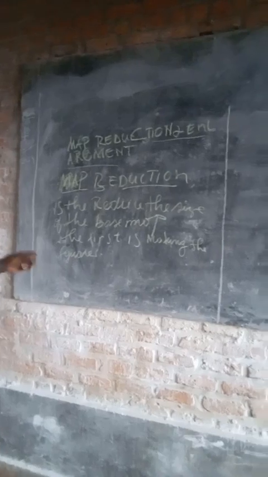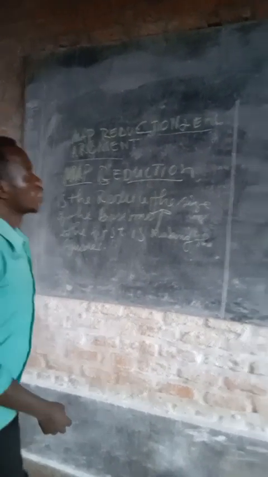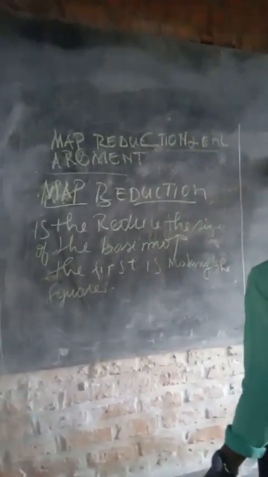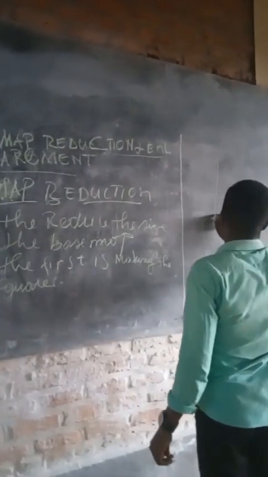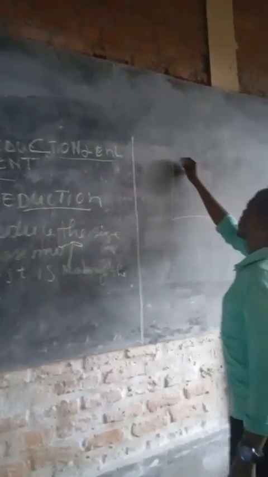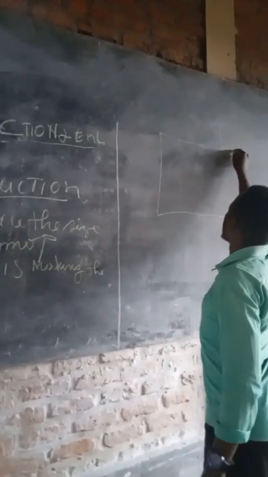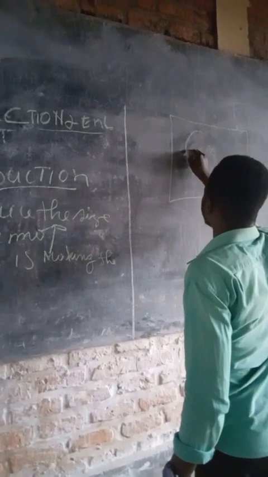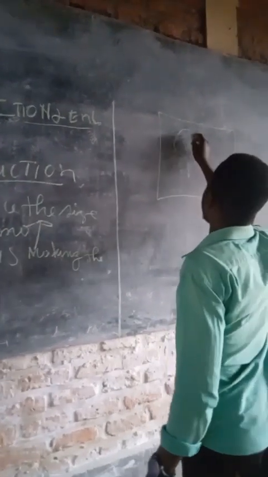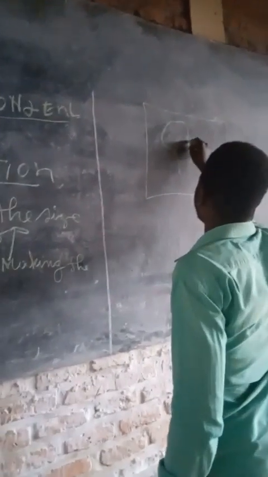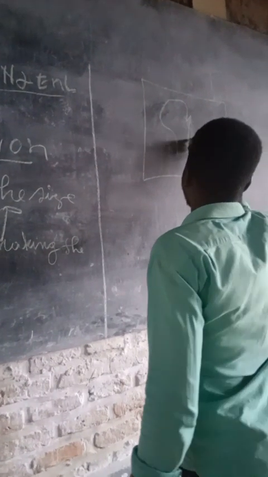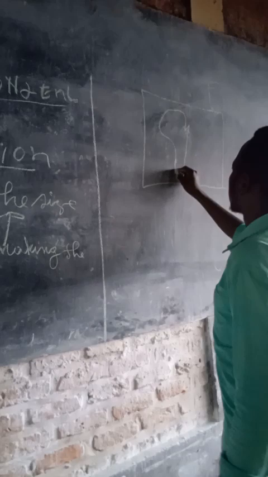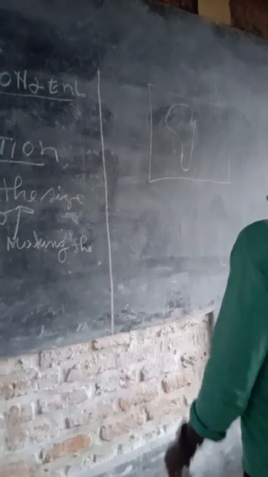I explain this one. Here, for example, we have the map. Let us suppose here the map of Africa. Here we have the map of Africa.